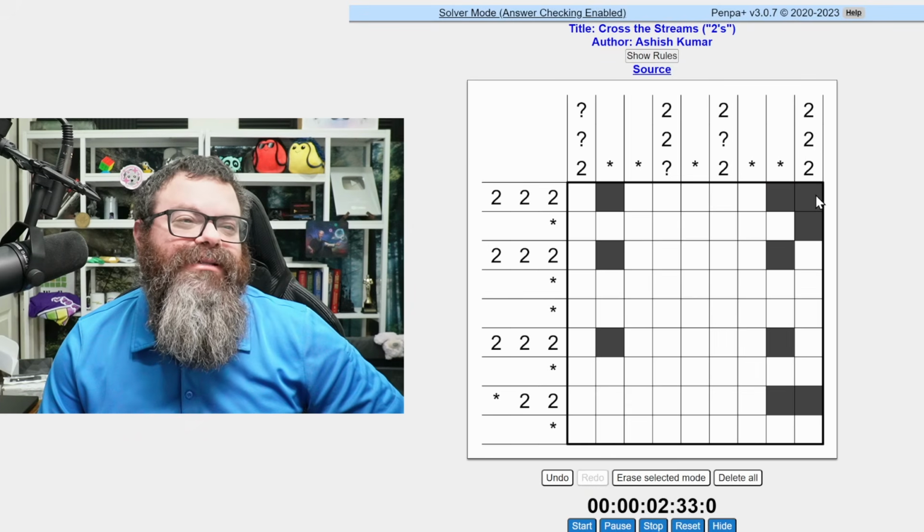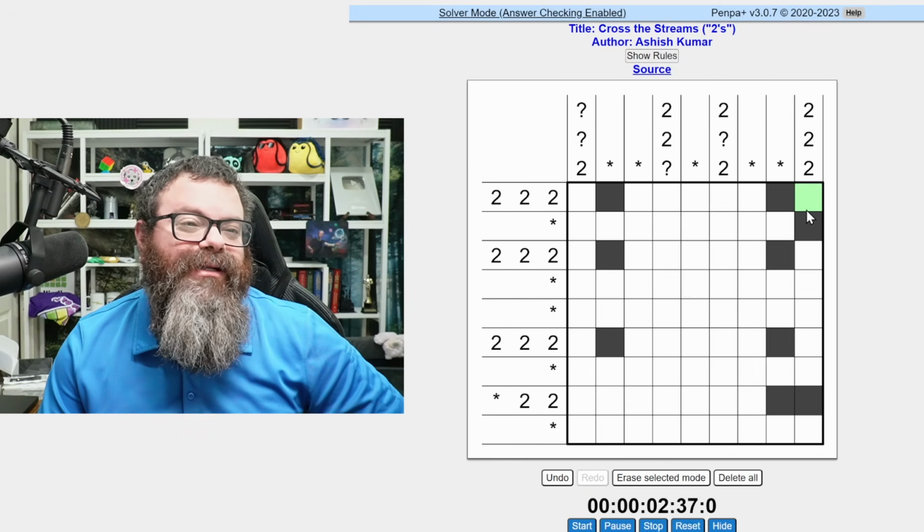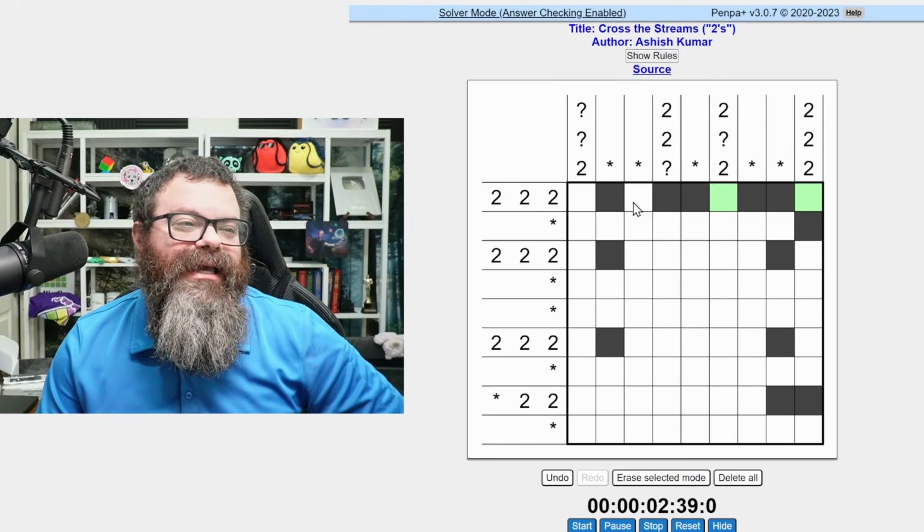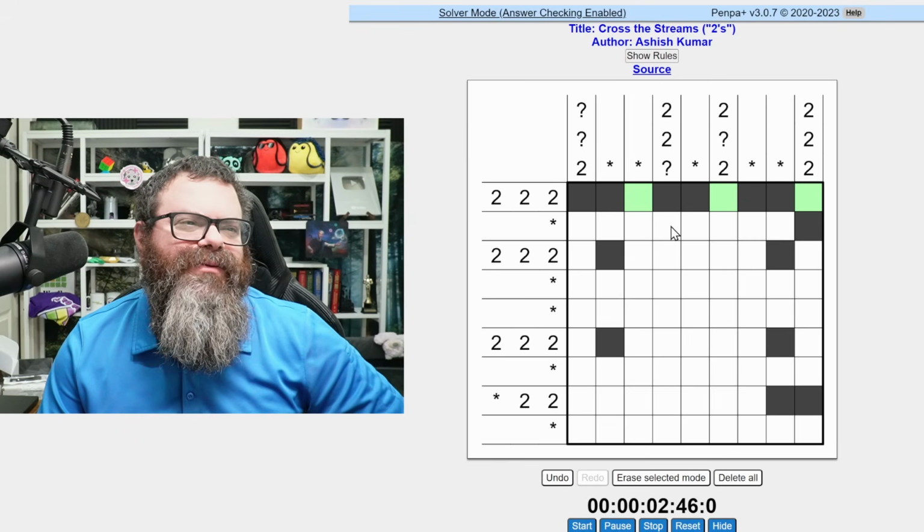So whichever one does it, let me just pick the top row. Whichever one does not take the shaded for this two is going to exactly end up like this. And does that affect, so this would be a 2. This would be a 2 like this, which forces that. I'm not sure this is going anywhere.